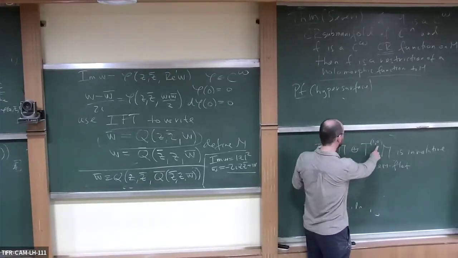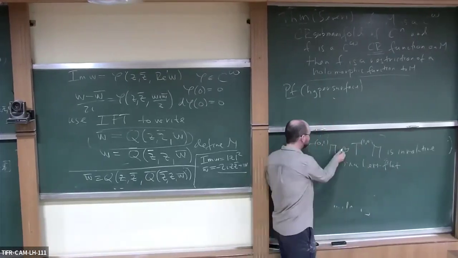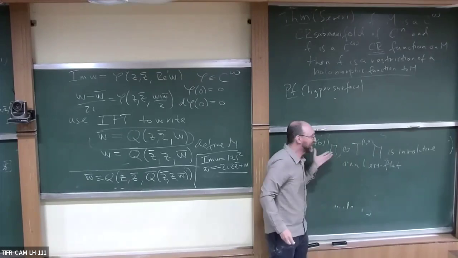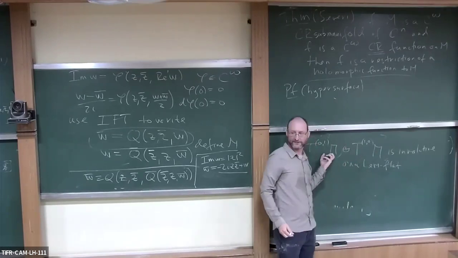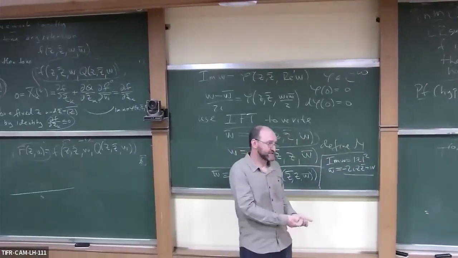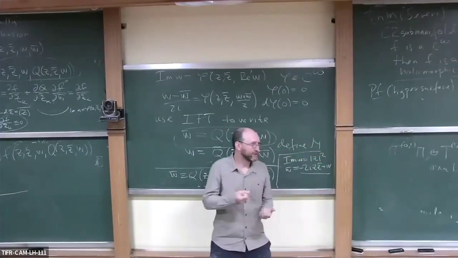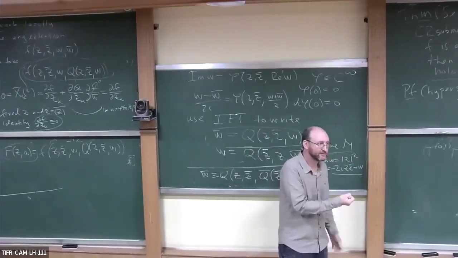I guess I wrote it, normally I wrote the (1,0). It doesn't matter, but it vanishes along this entire thing, so it vanishes along these guys. So that submersion is going to be a CR function. Now, the CR function, that's going to be my W, my real W, right?